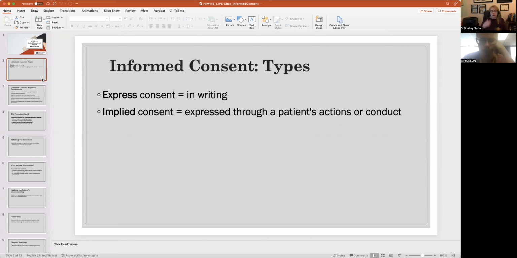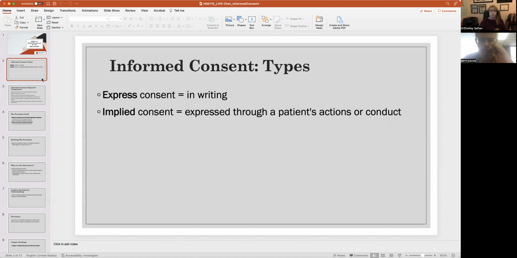In other words, the patient walked through the door, sat down in the exam room. That is implied consent, that the patient is agreeing to meet with this provider, accept whatever's going on, although it's not blanket. I mean, you have the right to say no at any point in time. But the fact that the patient showed up, the fact that the patient walked through the door is implied consent based on the patient's actions.